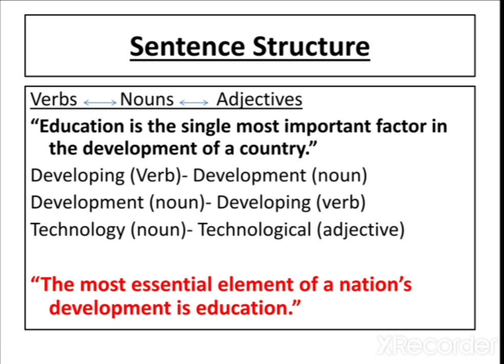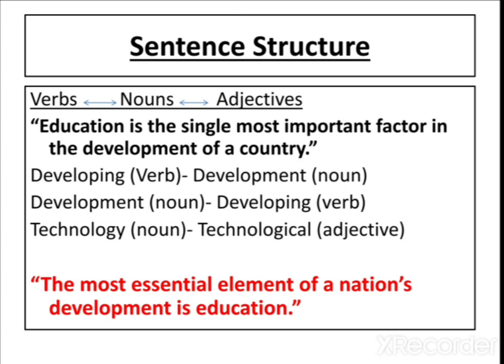For example, if your verb is developing, see below the question, you might change that into development. Okay, so developing is a verb and development is a noun. You have changed the verb to a noun.